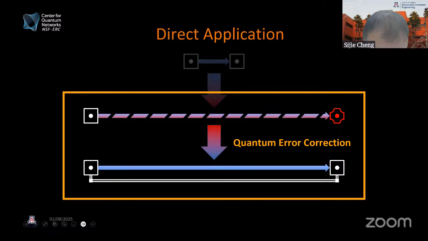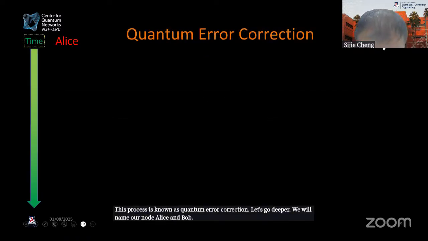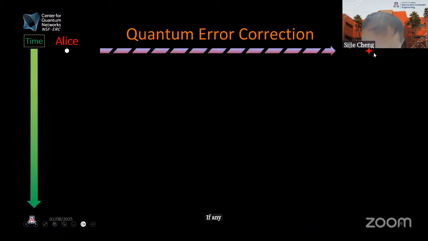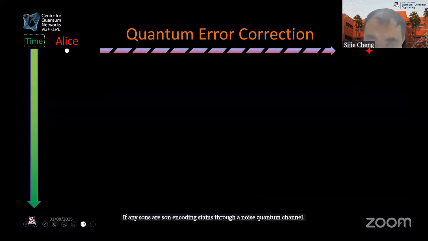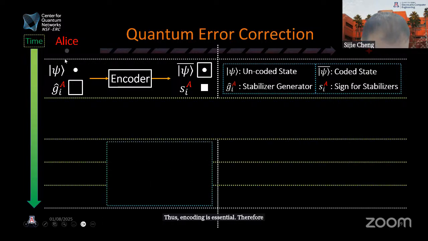Let's go deeper. We will name our nodes Alice and Bob. If Alice sends an uncoded state through a noisy quantum channel, Bob cannot correct his errors because the state information is already lost. Thus, encoding is essential. Therefore, once Alice has an uncoded state, she can select a series of stabilizers.